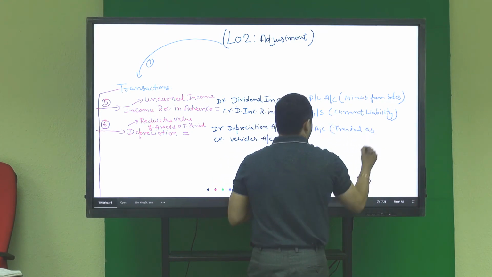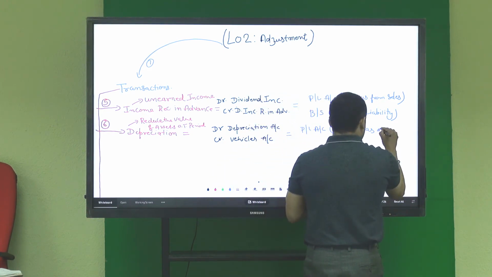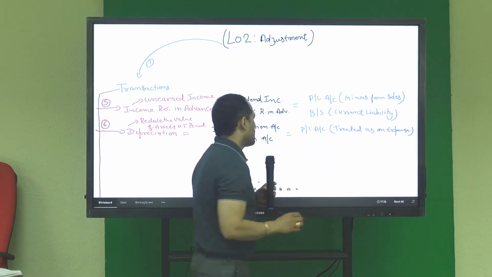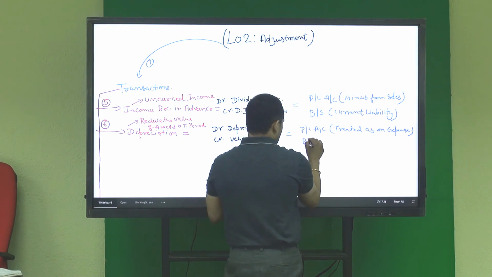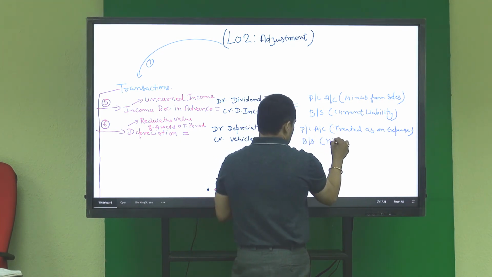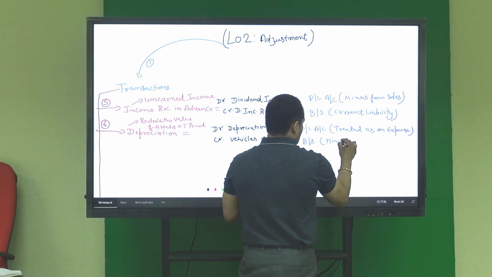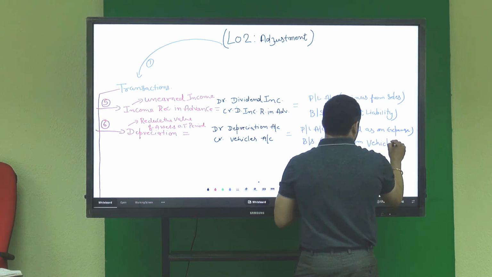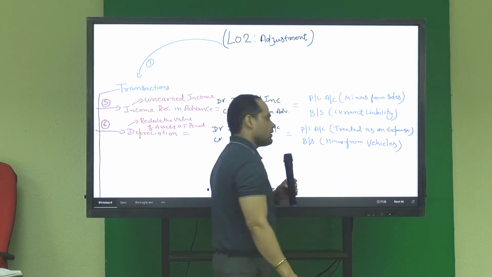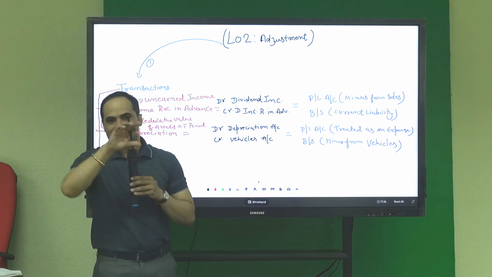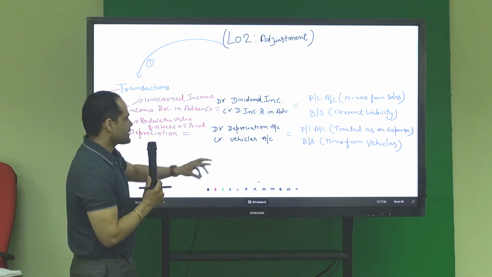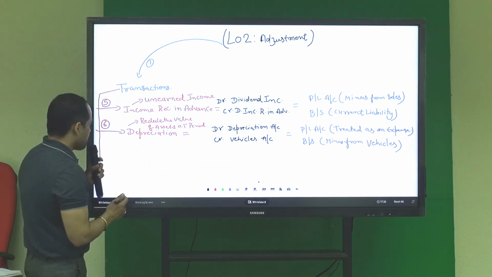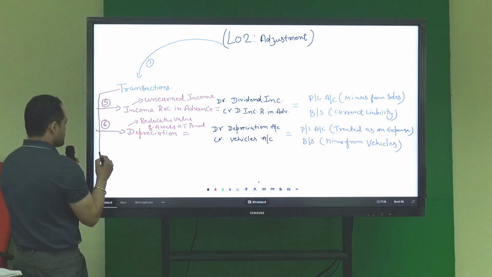Treat it as an expense. And in your balance sheet, subtract it from vehicles, because vehicles are part of your fixed assets. In your fixed assets you have vehicles, and you subtract this amount from them. Now move on to number 7.